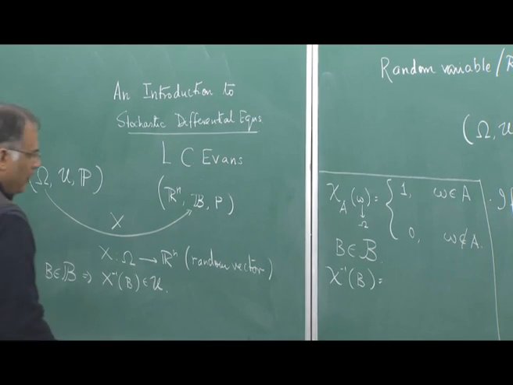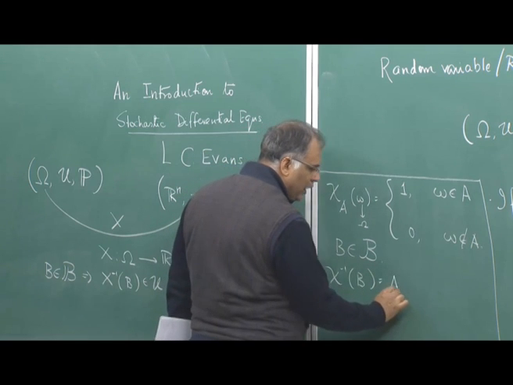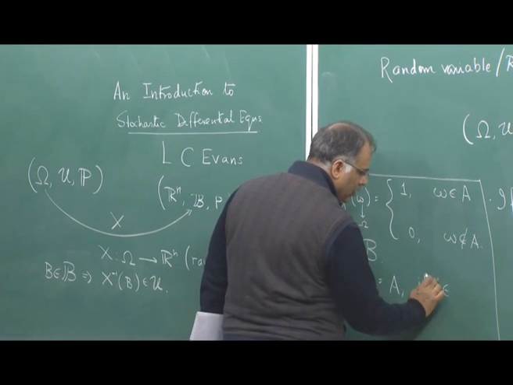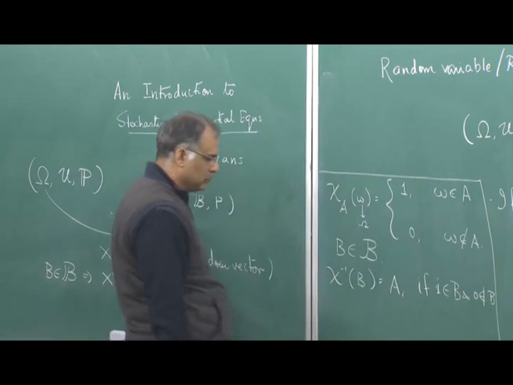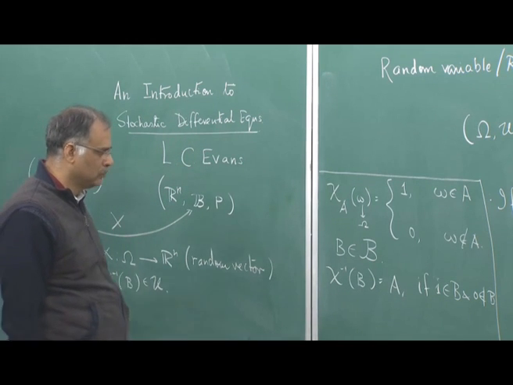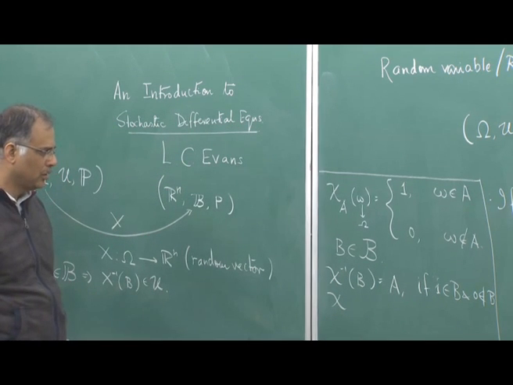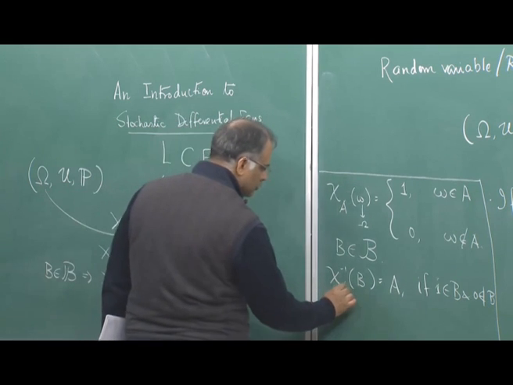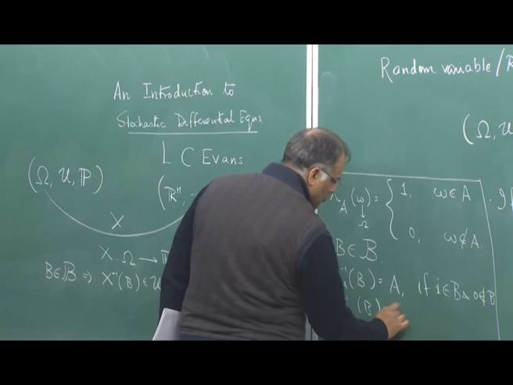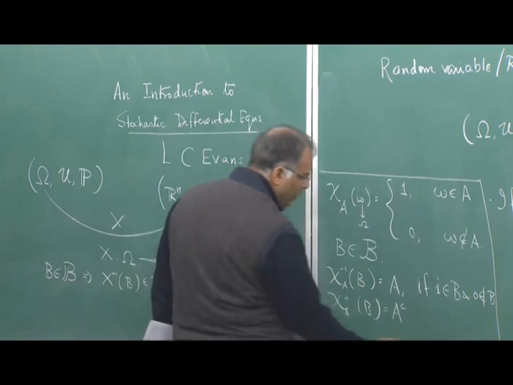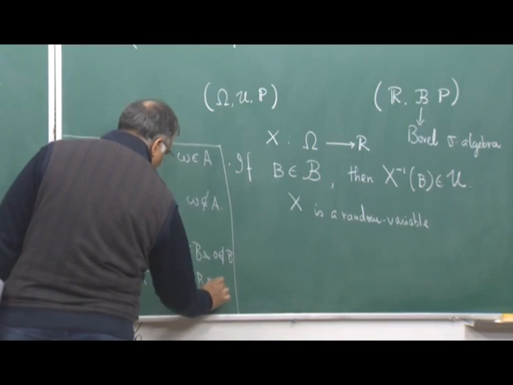See, if 1 is in B and 0 is not in B, then this would be A. It will go into the complement of A if 1 is not in B and 0 is in B.